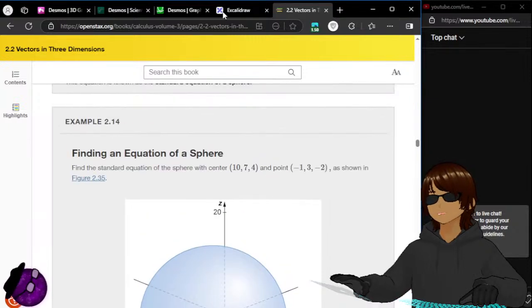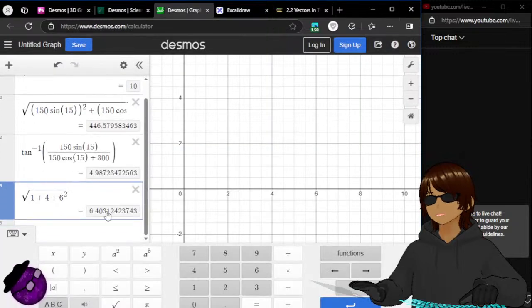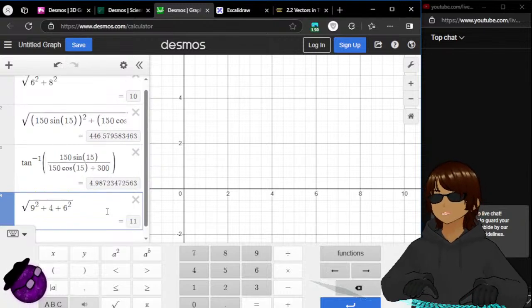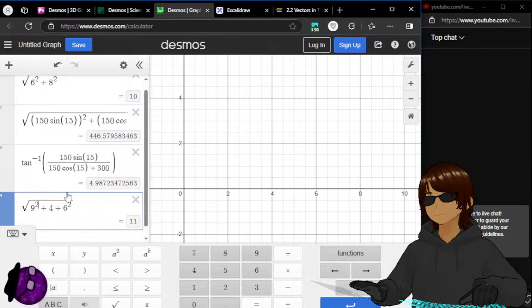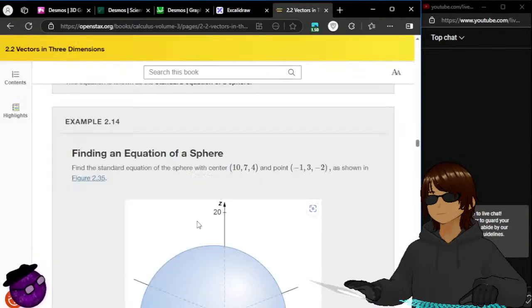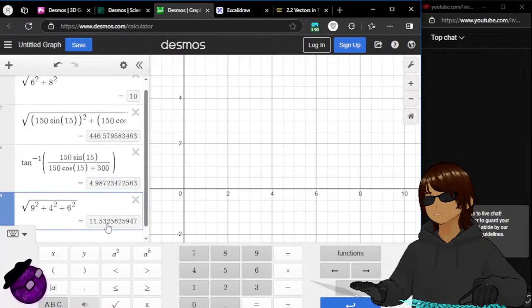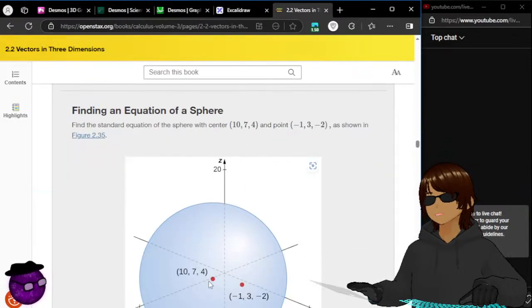So 10 minus -1 squared, 9 squared, 7 minus 3 is 4 squared. Then 4 minus -2 is 6, and then we have 6 squared. So 11.5325. This is the length of the radius.